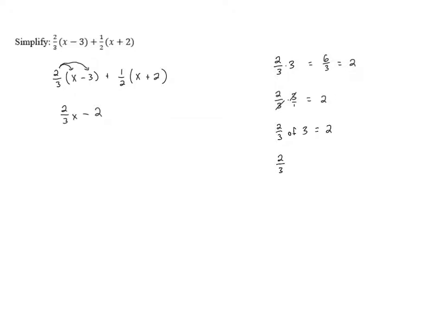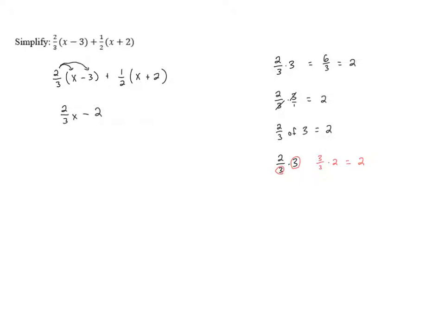If we take 2/3 times 3, you could start by taking the whole number and dividing by the denominator if they're divisible. 3 divided by 3 is 1, and you can multiply that by 2, and 1 times 2 gives you 2.